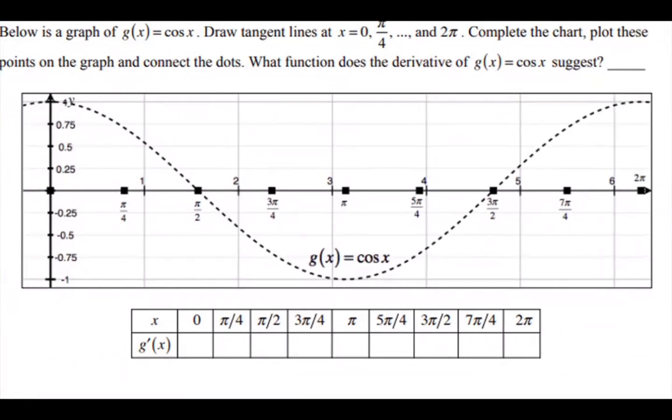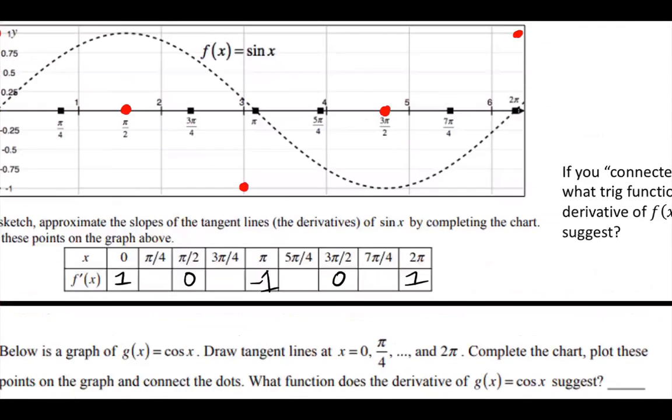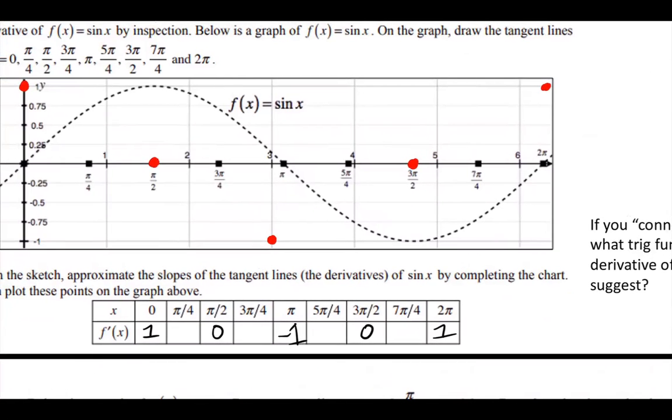Very similar to the sine wave, but it starts at a different spot. So if I were to connect all of the red dots, it would do that. That's what it would do.